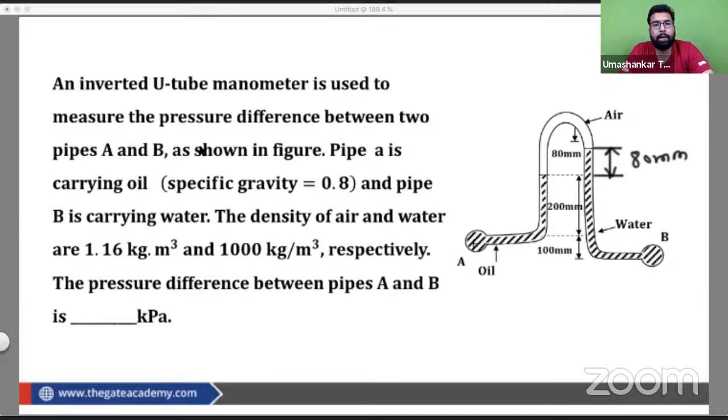What about the rest of you, beta? Please solve it in the same way. Any kind of manometer, you can do it.